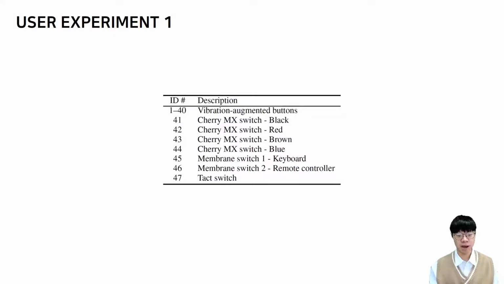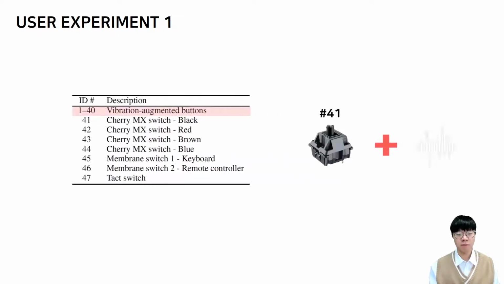We used 40 vibration-augmented buttons and 7 physical buttons without any external vibrotactile feedback. All augmented buttons are based on the linear physical button number 41, and button number 41 is the physical button itself without any vibration.